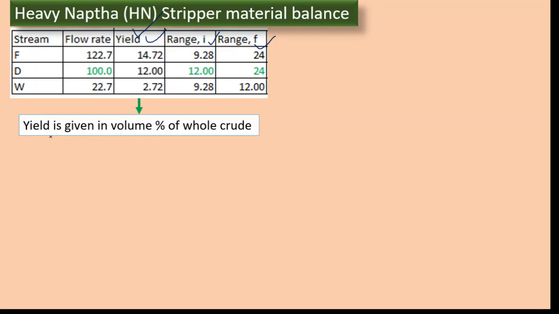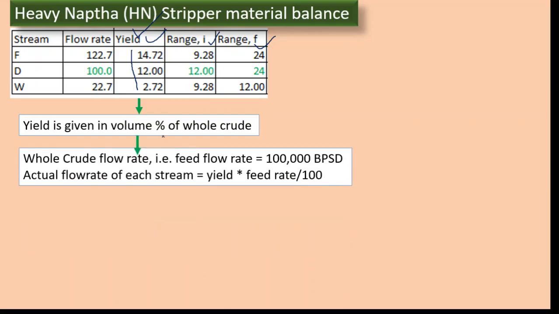Yield is given in volume percent of the whole crude. That yield is important because it is a volume percent, and we need to find the flow rates of every stream. For the whole crude, the flow rate is given as 100,000 bpsd, that is the feed, the crude oil entering the column.